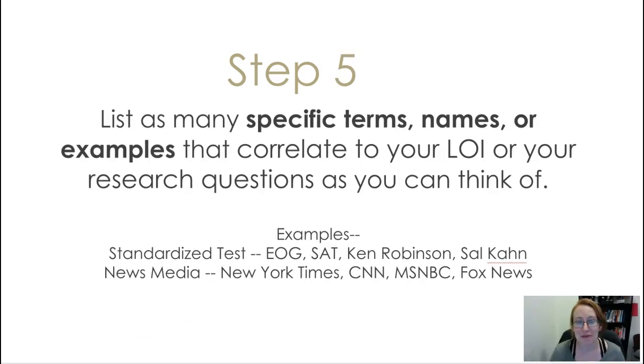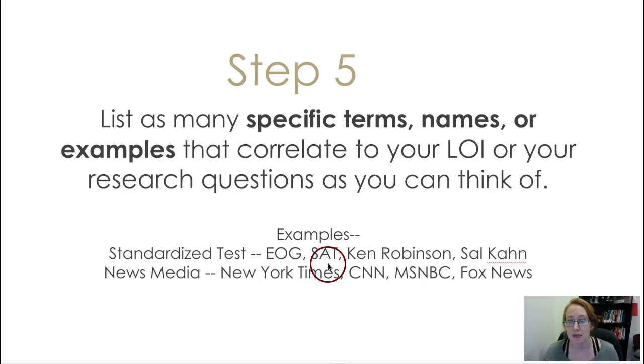Okay, and now we're going to get really specific. I want you to think about specific terms, maybe names, examples that correlate to either your big LOI or your research questions. And again, try to extend that list a little bit of what you have. So some examples would be, if I were looking up something about standardized testing, I might want to make sure I have some really specific things like types of tests. There might be a really great article that's just on the EOGs that might be buried somewhere if I didn't search EOG and I was just sticking with standardized testing.